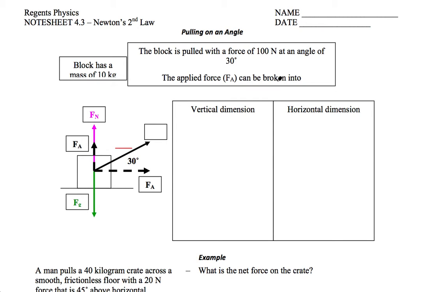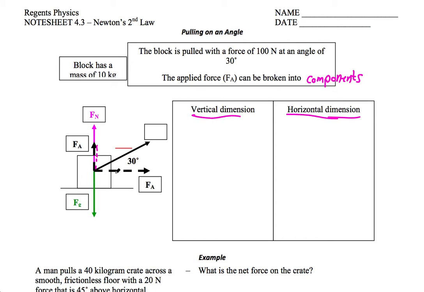And the applied force can be broken into components, a vertical dimension and a horizontal dimension. So our block has a mass of 10 kilograms, and let's look at the components here. In the vertical direction, I've got the gravitational force, and there's a component of the applied force that goes upwards.